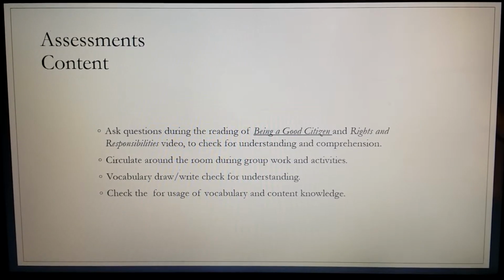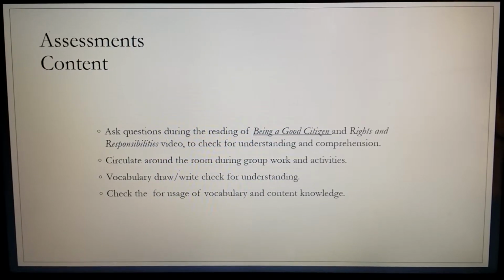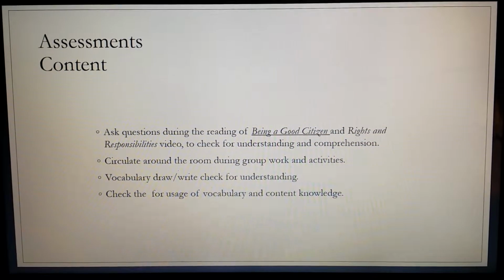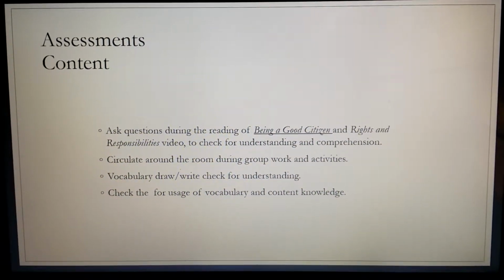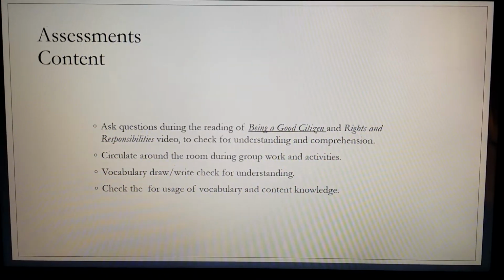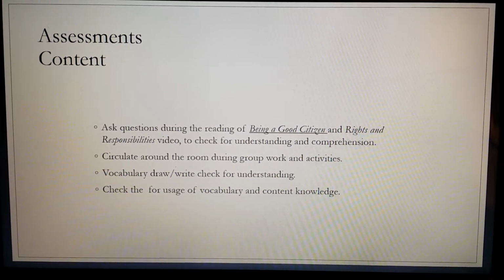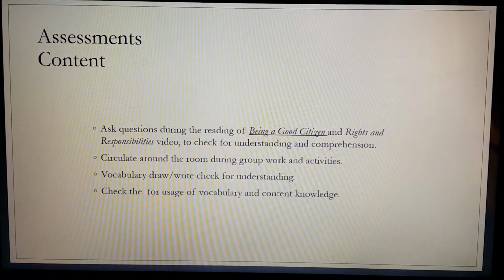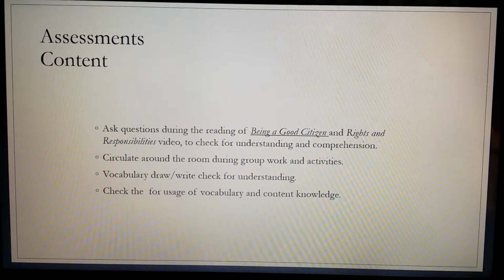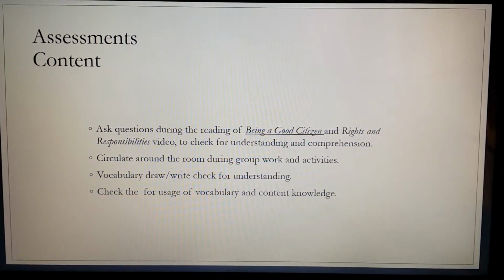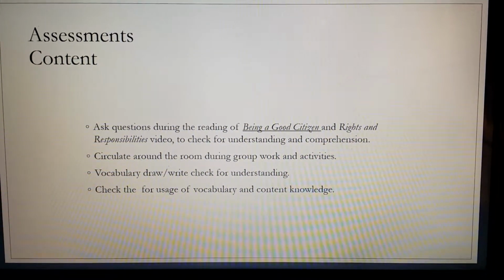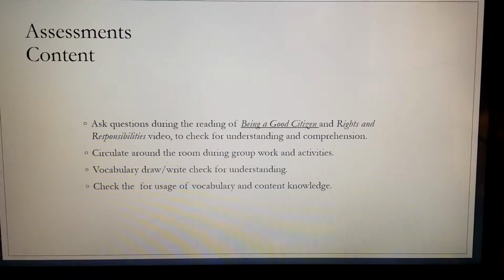Ask questions during reading of Being a Good Citizen and the Rights and Responsibilities video to check for understanding and comprehension. Circulate around the room during group work and activities. View the vocabulary, write and draw to check for understanding. And check for usage as you're circulating the room of new vocabulary terms and content knowledge.